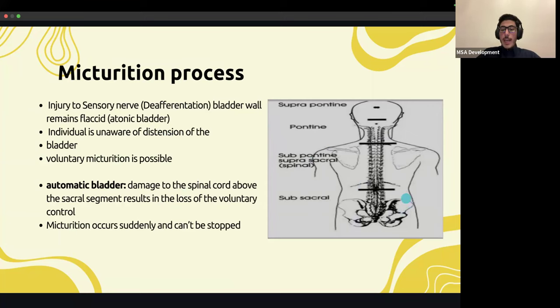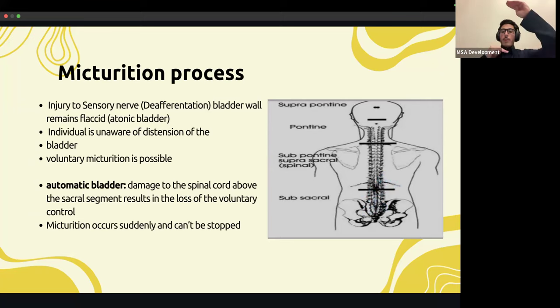Any damage to the spinal cord above this region, so L5 and above toward the brain, towards C1, from C1 to L1, those are the segments of the spine above the sacral region, can result in loss of the voluntary control. So those patients can present to the clinic and they can't control their micturition.